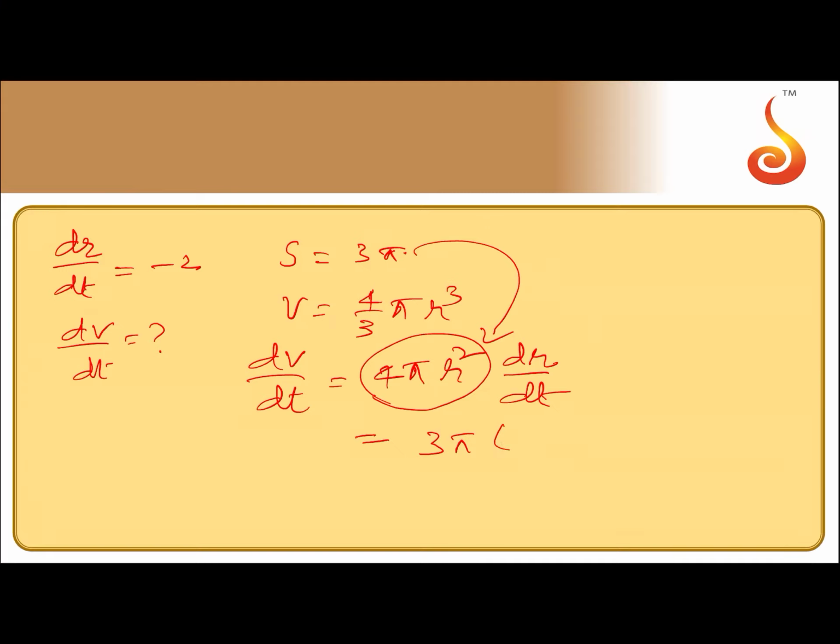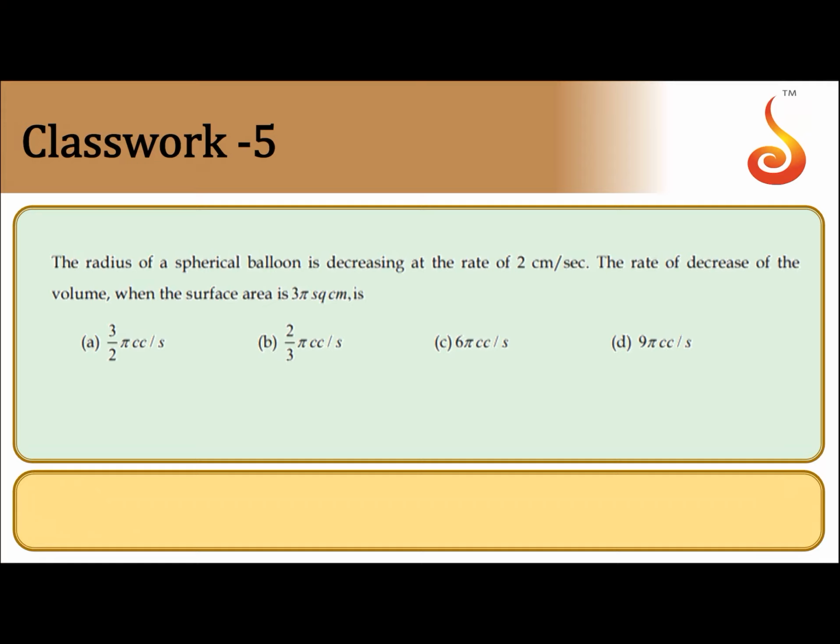So you get 3π multiplied by -2, which is -6π. It means the volume is decreasing at the rate of 6π. So the answer is 6π cc per second. Answer is C.